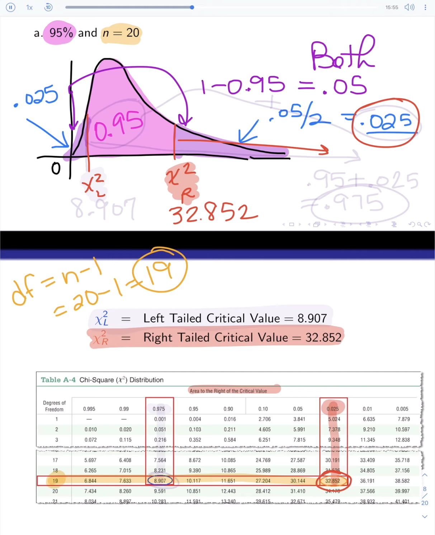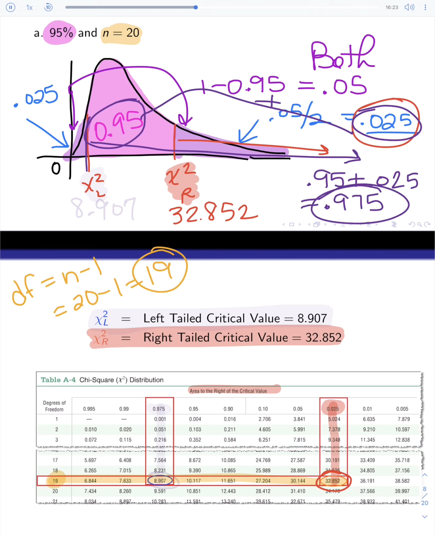So next, let's find the chi-squared on the left. Again, to find that value, we need an area to the right. But this time, that means I need to take the 0.95 and the 0.025 and add them up. So if I take the 0.95 and add the 0.025, I get a 0.975 as an area to the right for my chi-squared on the left.